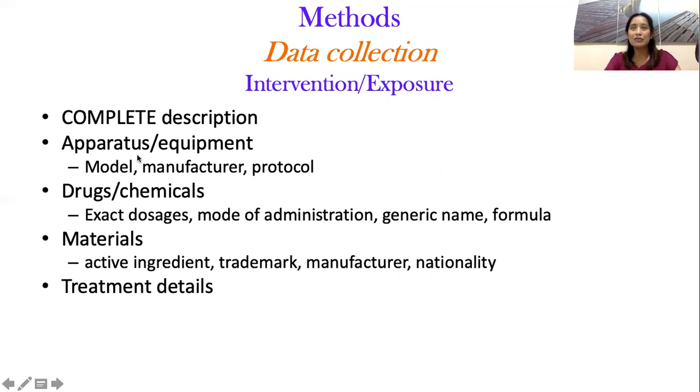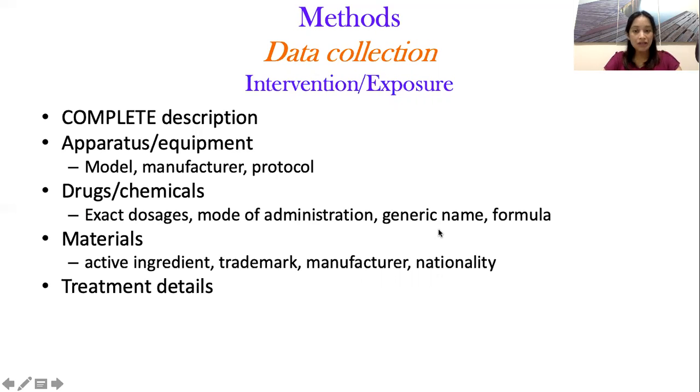Or let's say you're looking at the exposure, the blood pressure reading, no? You should be able to explicitly say how you got the blood pressure reading. If it's drugs or chemicals, if it's an interventional study, you describe exact dosages, mode of administration, generic name, formula, the materials, no?